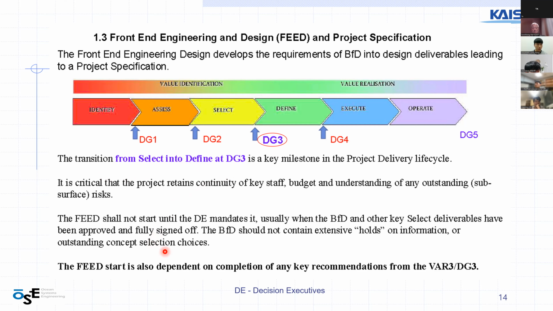The FEED shall not start until the DE mandates it, usually when the BFD and other key select deliverables have been approved and fully signed off. The BFD should not contain extensive holes in information or outstanding concept selection choices. The FEED start is also dependent on completion of any key recommendations from the VAR3 DG3.